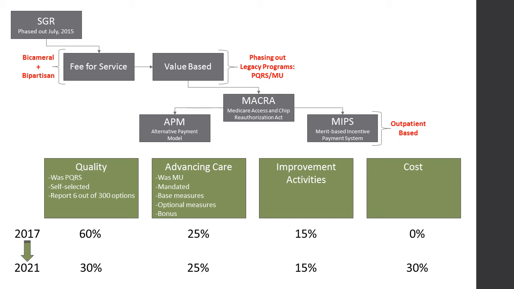A new category is improvement activities. Basically, this is things like surveys or other programs. And you have to choose 4 programs from 90 activities spread over 9 categories. Examples of these would be patient access analysis, coordination of care assessment, and patient safety programs.